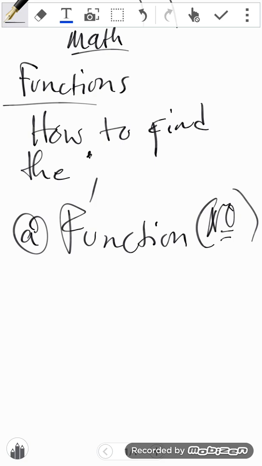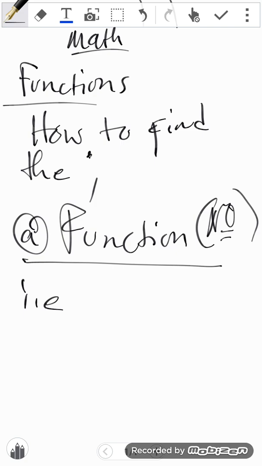Okay, how can we find the function of a number? In other words, what I mean is that when I say function, what I'm trying to imply is that we're plugging in any variable that we can think about.